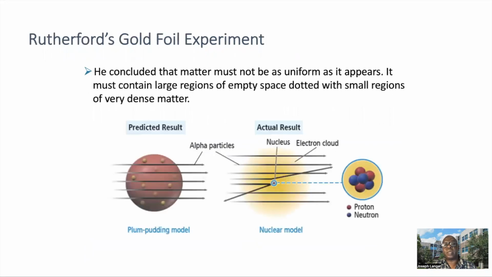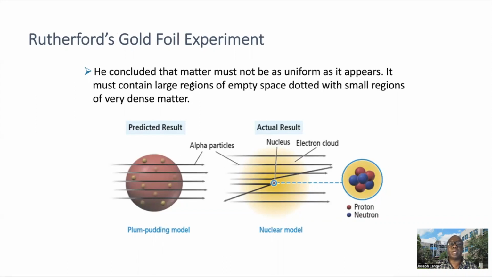He predicted that the alpha particles will go through the J.J. Thomson model, but this is the actual result. The majority went through, some bounced back, and some were just deflected a little bit. This led to what we call the nuclear model of an atom.